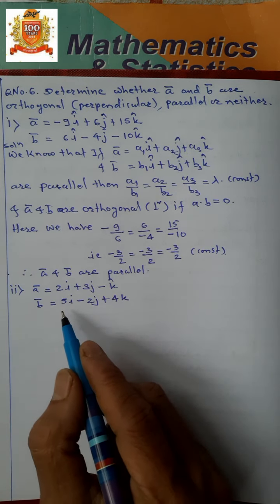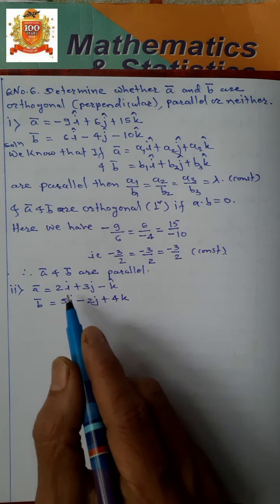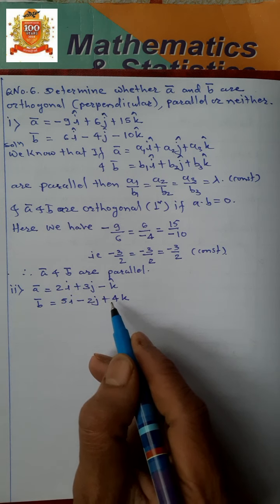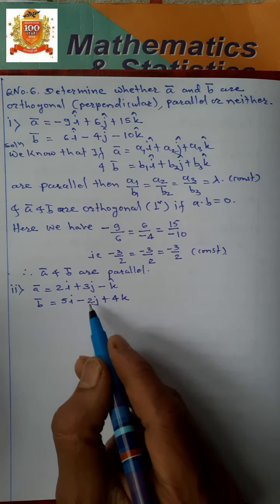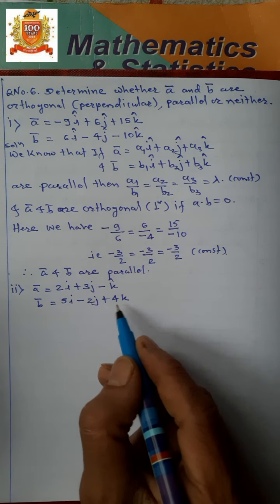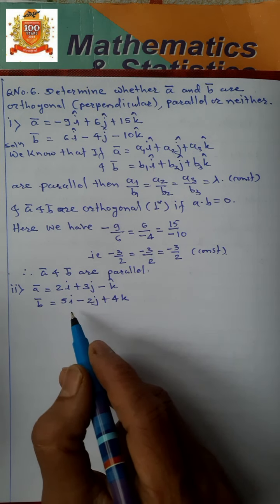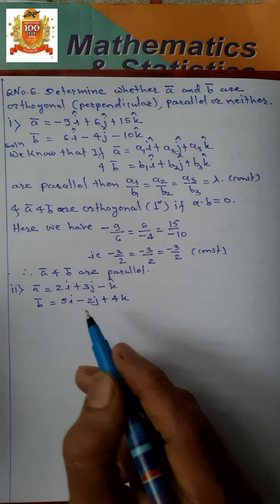While observing this question, we notice that these ratios are not constant. 2 upon 5, 3 upon 2, 1 upon minus 4. This is not constant. Therefore, they must be perpendicular. But we have to show.